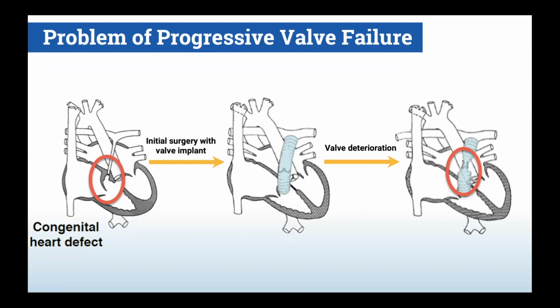Again, a valve, because it opens and closes in flaps like this, really only has two functions. It's got to open well and it's got to close well. So when a valve is dysfunctional, we say that it's dysfunctional by having developed narrowing or failure to open well, or by leaking, which is failure to close well, or by both. And these valves frequently develop both, but narrowing is a big problem for them especially.